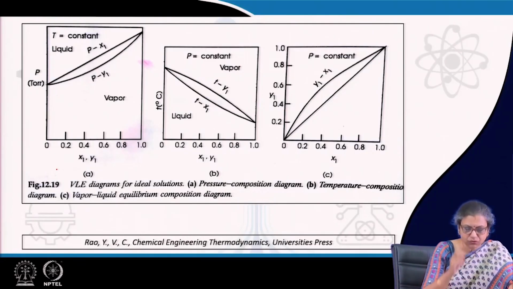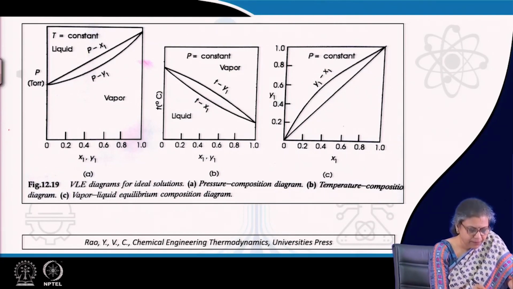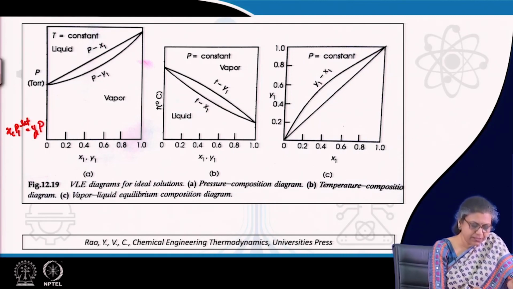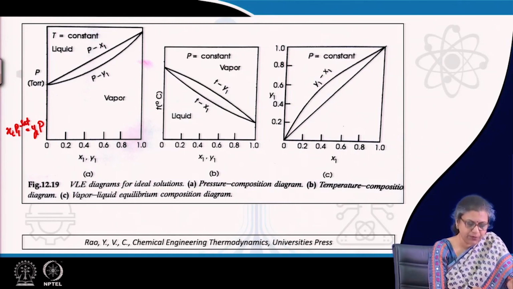For Pxy data, we had discussed that xi Pi saturated equals yi P, which means the pressure varies linearly with the composition in the liquid phase. So P versus x1 is linear and P versus y1 is something of this sort. Above this we have liquid at higher pressures, and at lower pressures there is vapor.